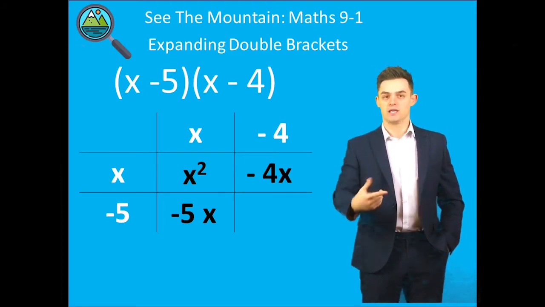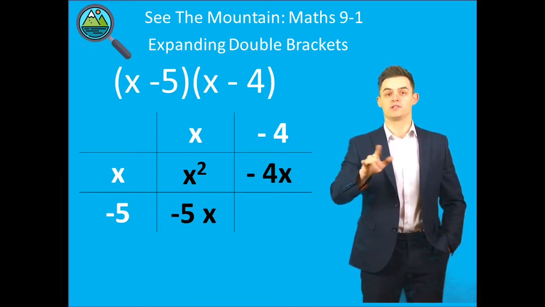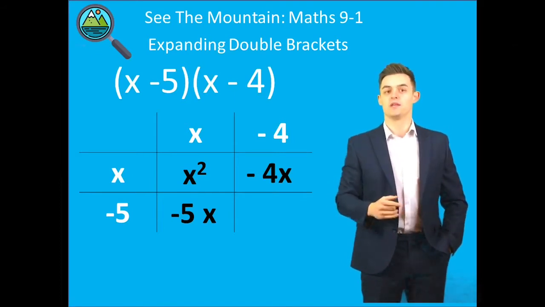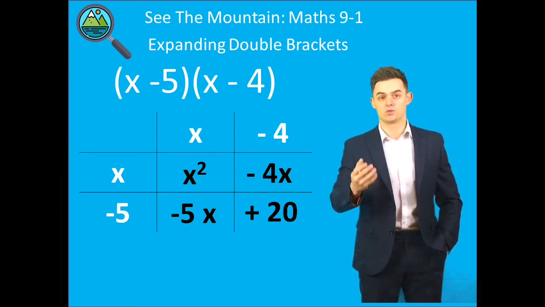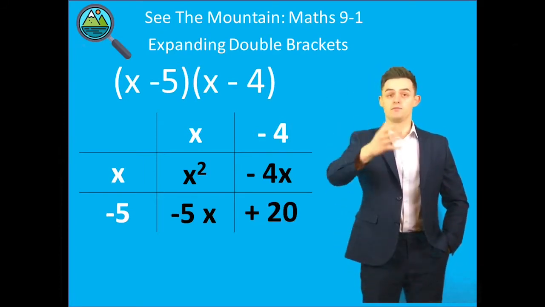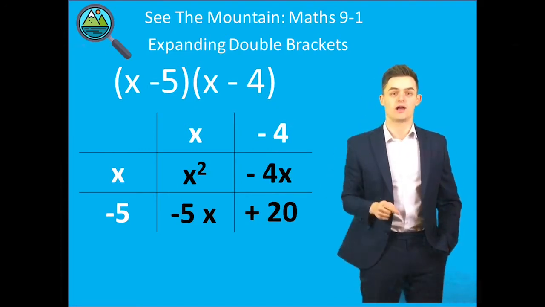This is the tricky bit here, because a minus number and a minus number, if you multiply those together, it actually makes a positive number. So minus 5 times minus 4 is actually positive 20. So again, just like the previous examples, we add up every number inside the grid.